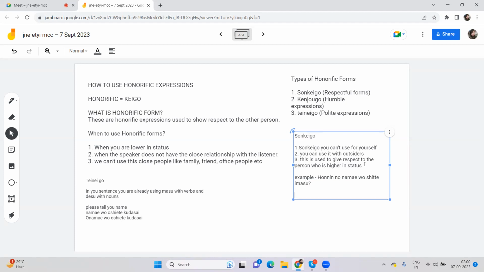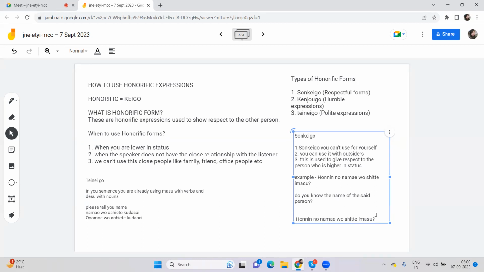What is the meaning? Do you know the name of this person? Now, what magic are we doing? I am copying the whole sentence and just see what change I will do. I just copied, I pasted. Honnin no namae o oshiete itadakimasen ka.